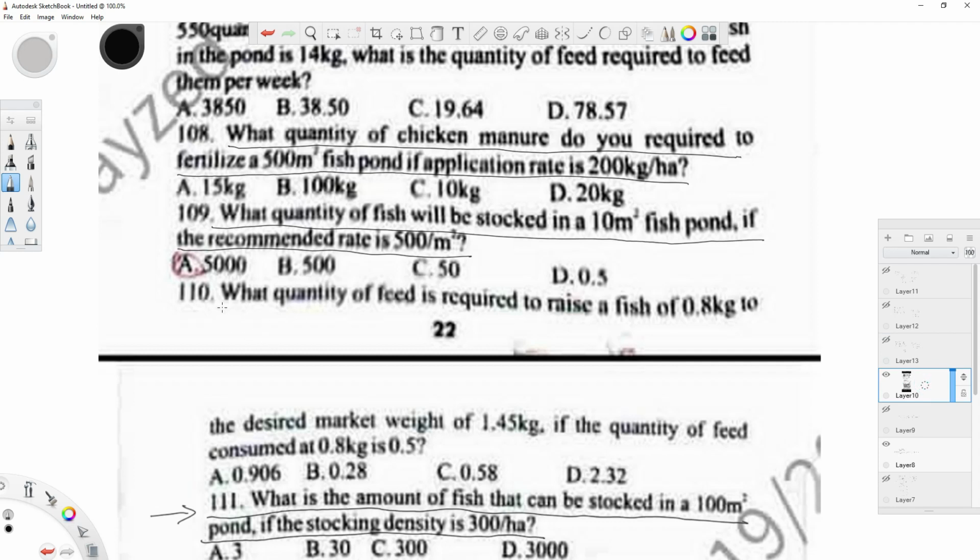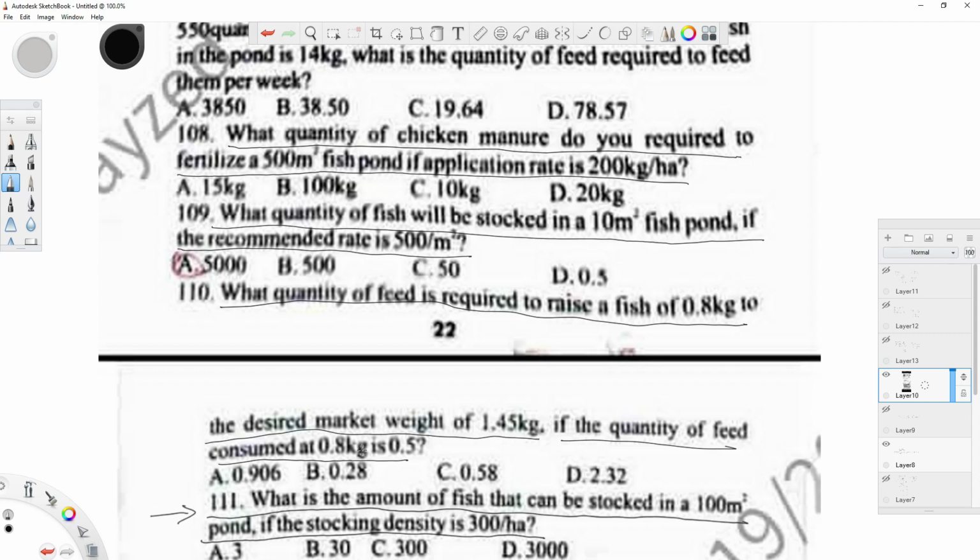And they said, what quantity of feed is required to raise a fish of 0.8 kg to the desired market weight 1.45 kg if the quantity of feed consumed at 0.8 kg is 0.5? Okay, now this question is a little bit twisted. I'm going to explain.